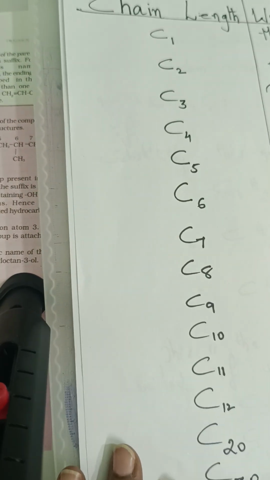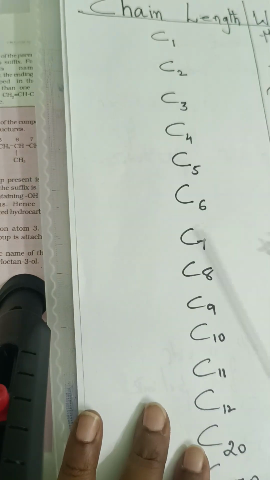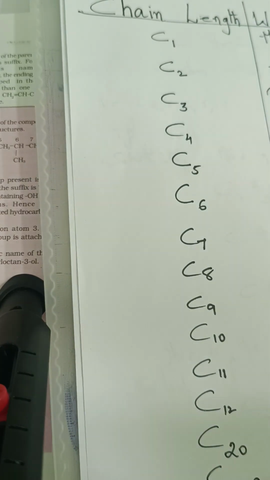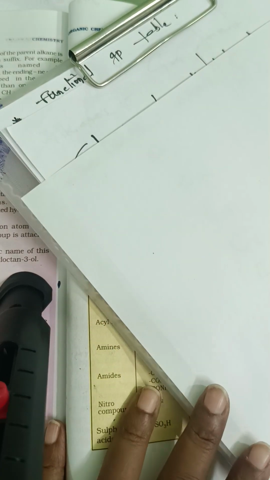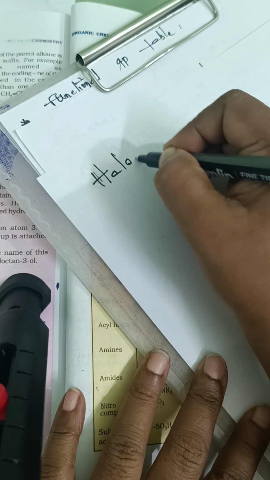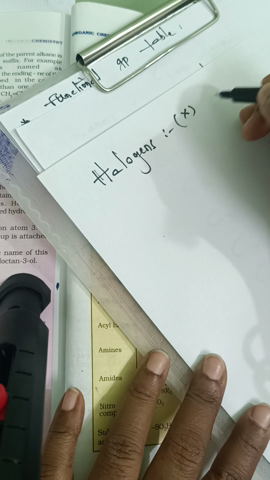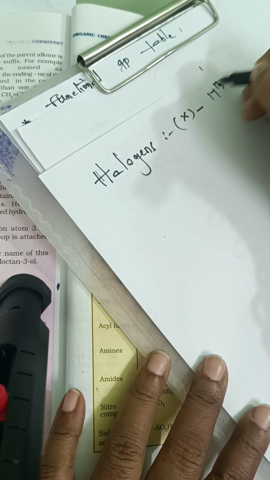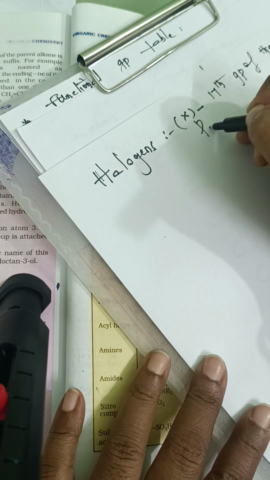Next we will discuss halogens in detail. See, halogens are represented with the symbol X. These are present in the 17th group of the periodic table.